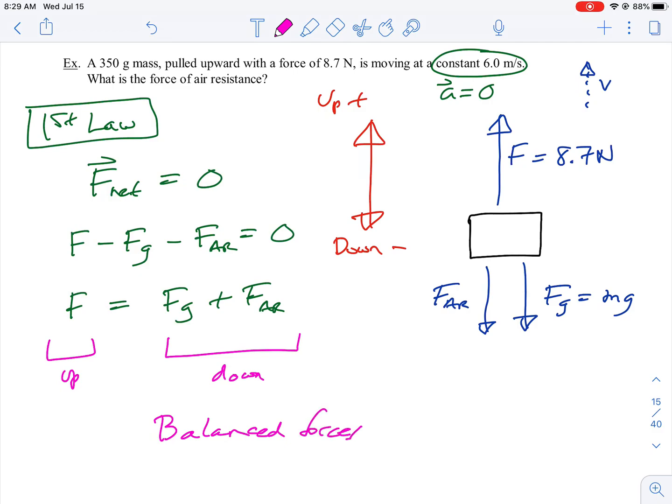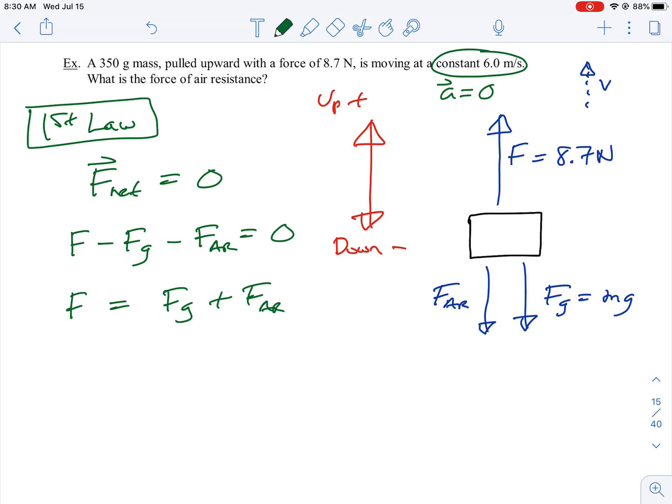Whatever goes up also goes down, so they all cancel each other out. If that makes sense, that's awesome. That's what we want you to do. We want you to understand your force diagram. So this is why this is a very nice way of doing the method, because it helps you compare the magnitudes of the forces. Okay, I'm going to get rid of all that. And now we're ready to solve the question.